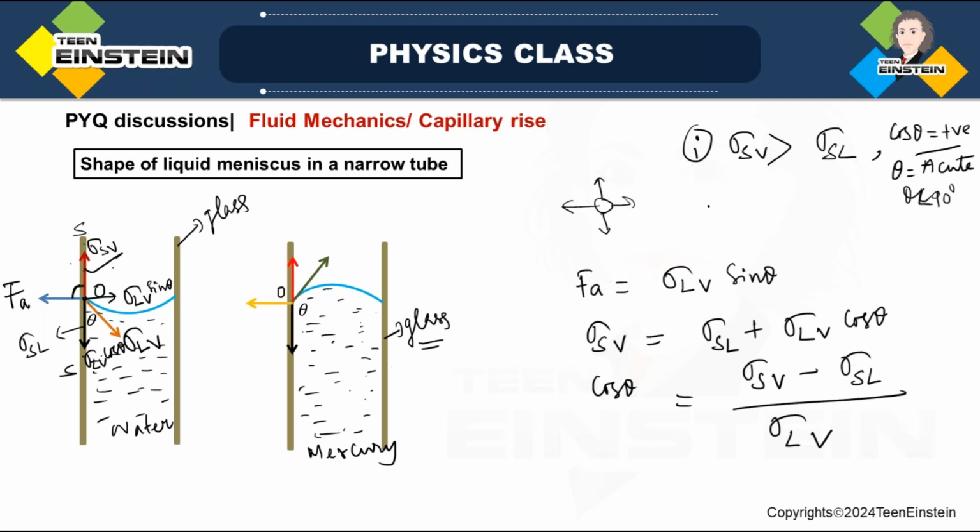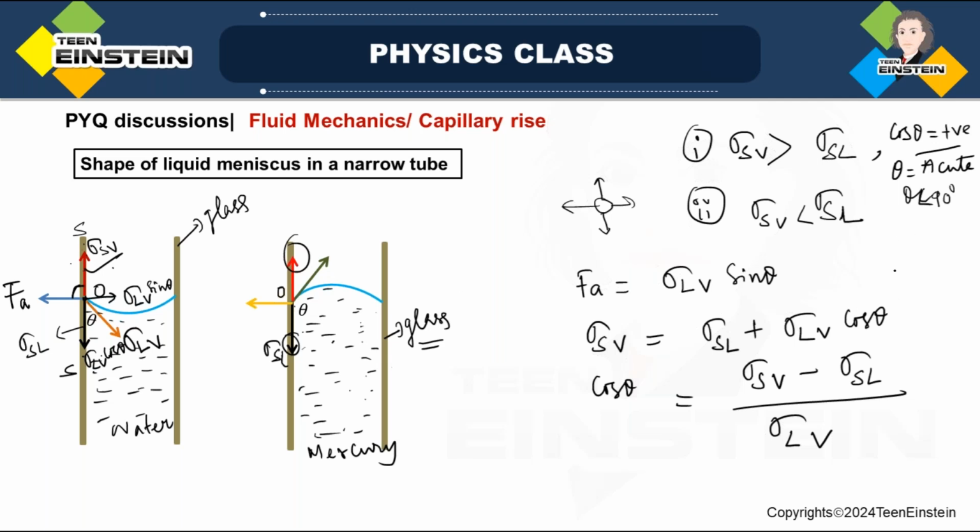Now let us take the second case, when sigma SV is less than sigma SL. That means if sigma SL is greater than this one, then the liquid molecule will be pulled down.